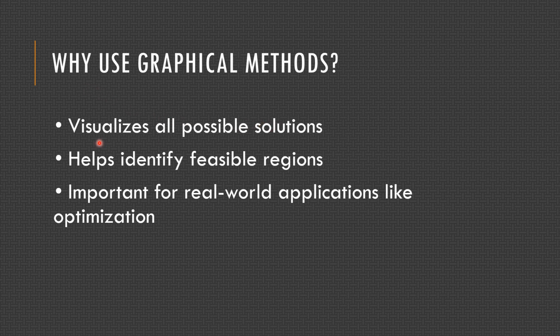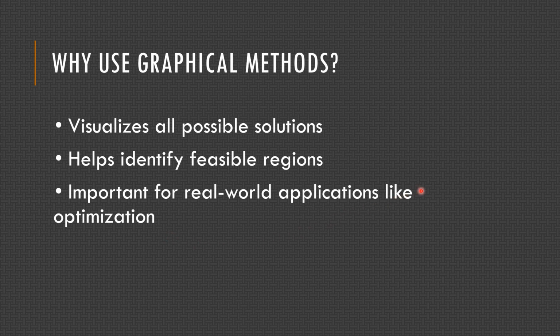It helps us to visualize all possible solutions. It also helps us to identify the feasible region, that is the acceptable region that satisfies all the inequalities. And it is also important for real world application like optimization.